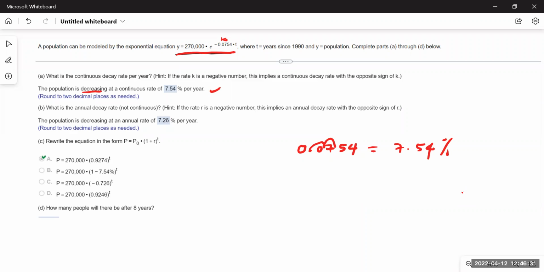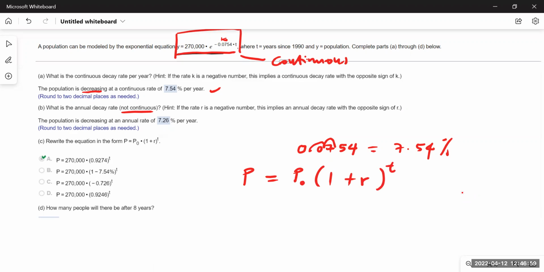Now, in an earlier example, I stated that this is the continuous equation. Now, we've been asked to find the rate in the non-continuous form for B. And I said in that video that P is equal to P naught times 1 plus R exponent T is the non-continuous equation.